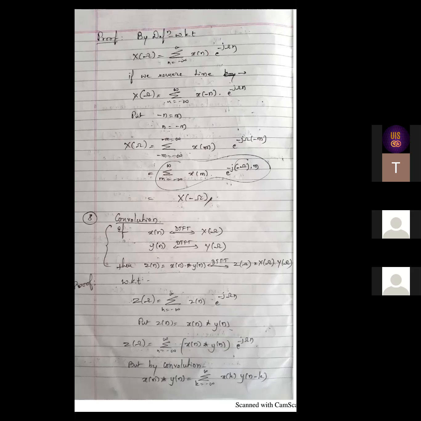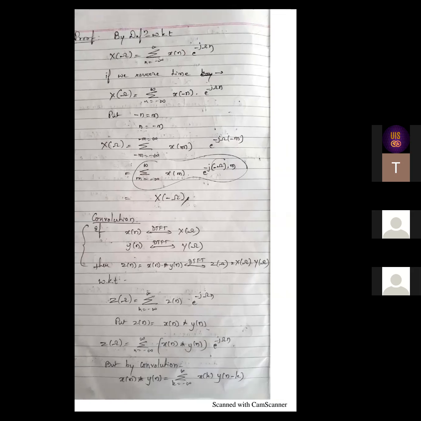So here also, analogous to the Z transform, we will learn convolution. Suppose you have two signals or two sequences, x of n and y of n, whose Fourier transforms are X of omega and Y of omega.